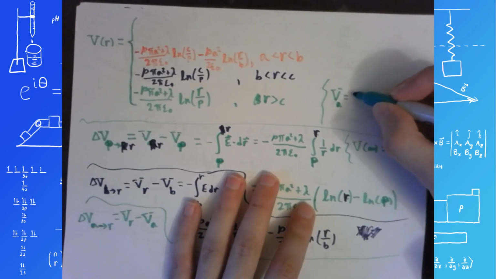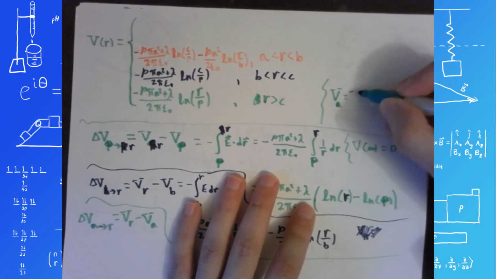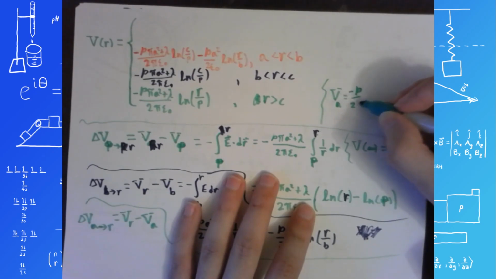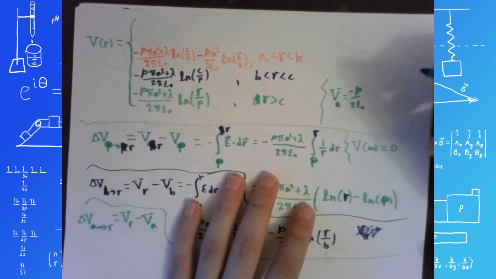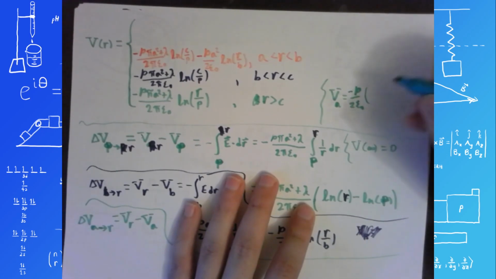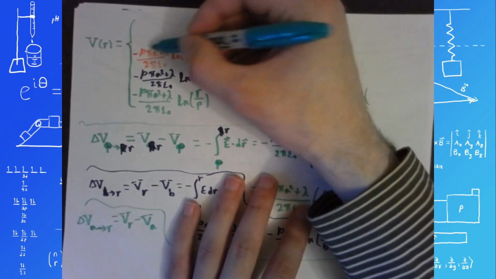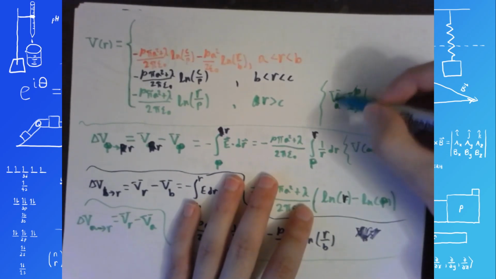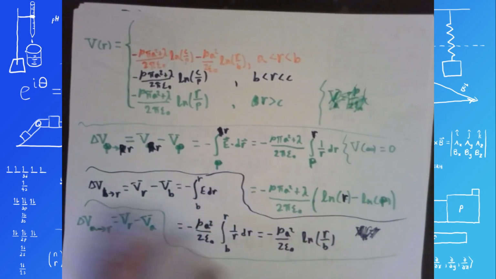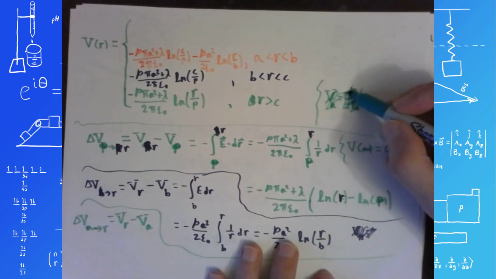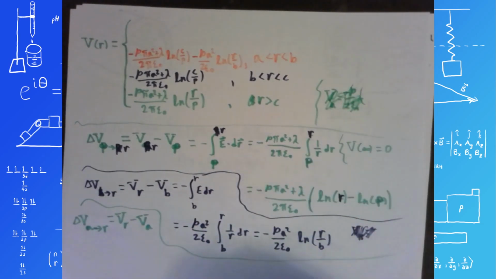Okay, so VA is just going to equal, I don't even have enough room here, negative rho over 2 epsilon naught times, oh wait, no, I can't even factor out the rho because, you know what, I'm gonna wait until the very end to actually write it down.